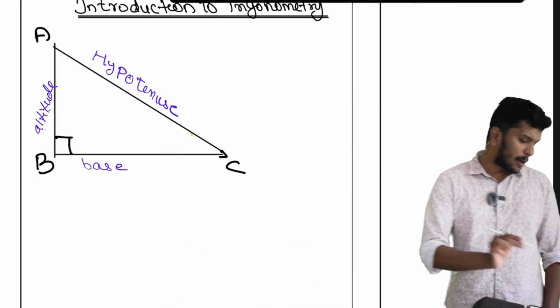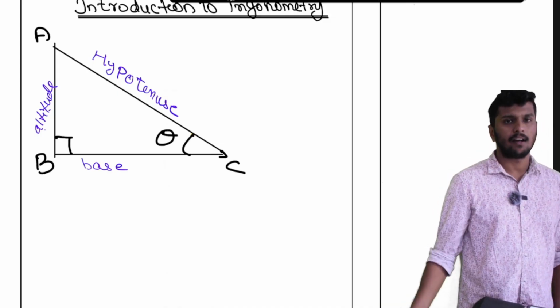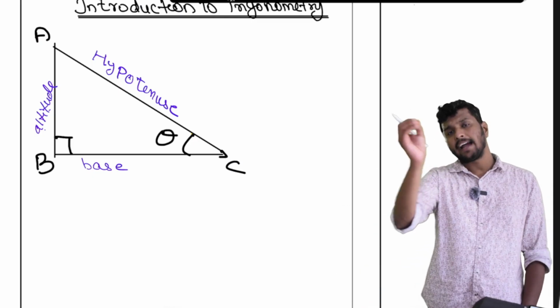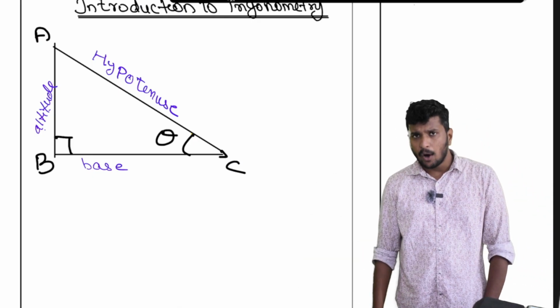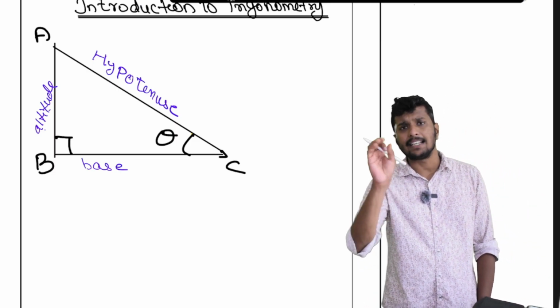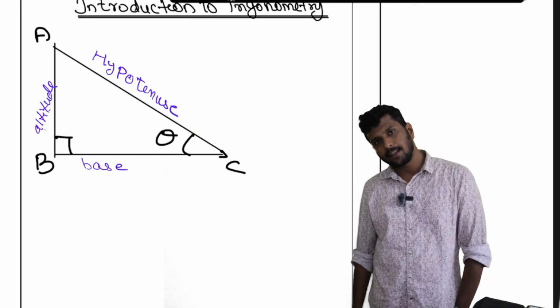In trigonometry, these acute angles can be called theta. I can call angle C as theta. Why do we call it theta? Can I call angle C as minus? No. Theta is a Greek letter, and mathematicians usually use it to represent an angle.